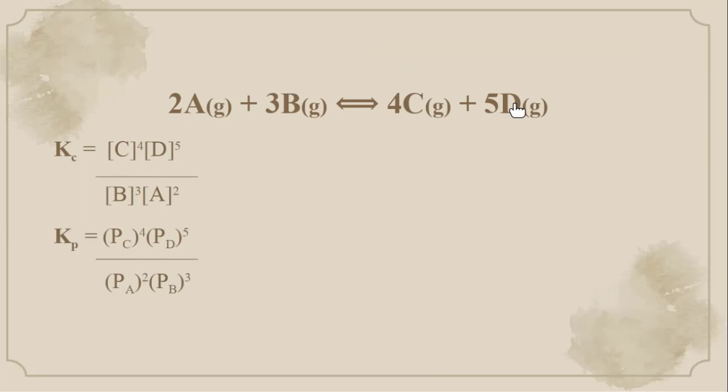Then you would set up a Kc expression, plug in those values, and that is your Kc value. But let's say they give you the values for A, B, C, and D, and say this is when the reaction is currently at a given point in time, and they give you a Kc value. So that means the reaction is not at equilibrium yet. So now you want to find your Qc because it's not at equilibrium. So you set up your Qc expression the same way as you would set up your Kc expression, and then you plug in the values.